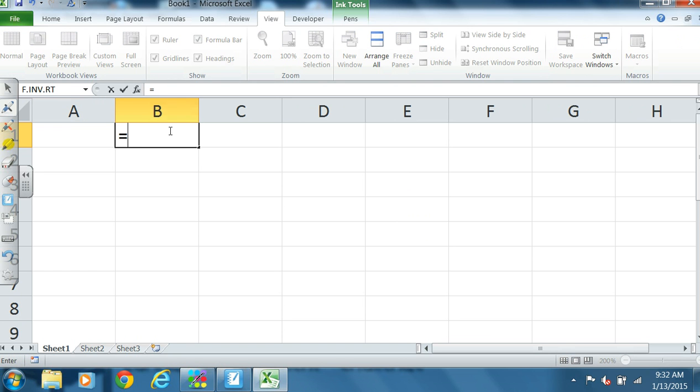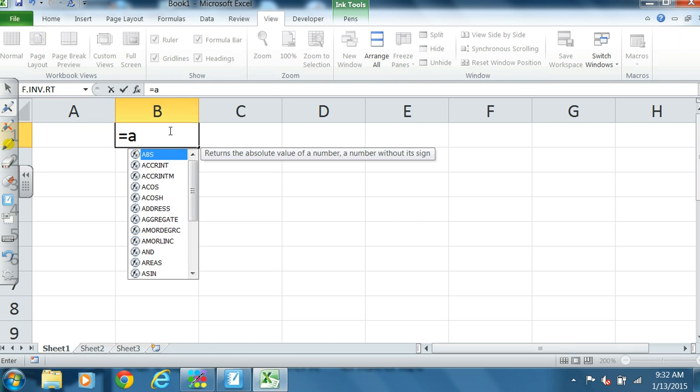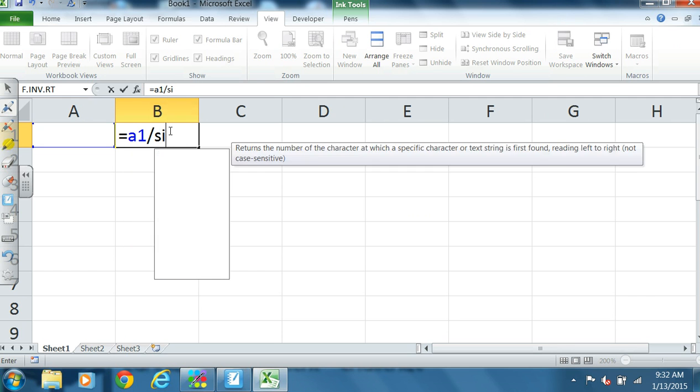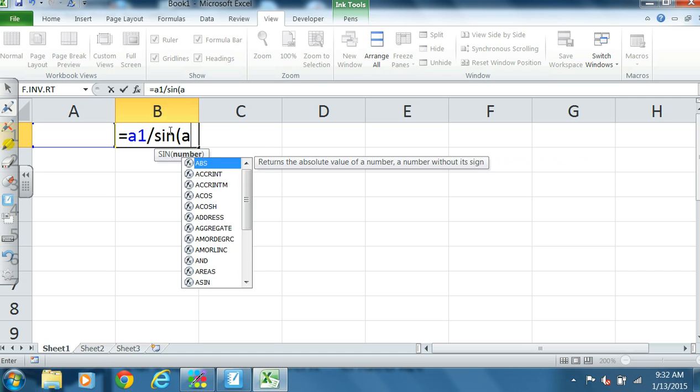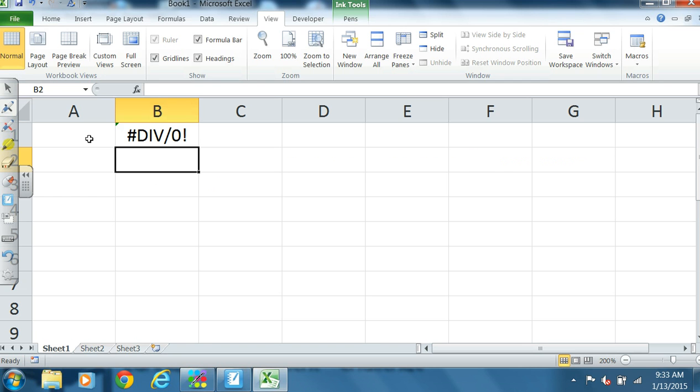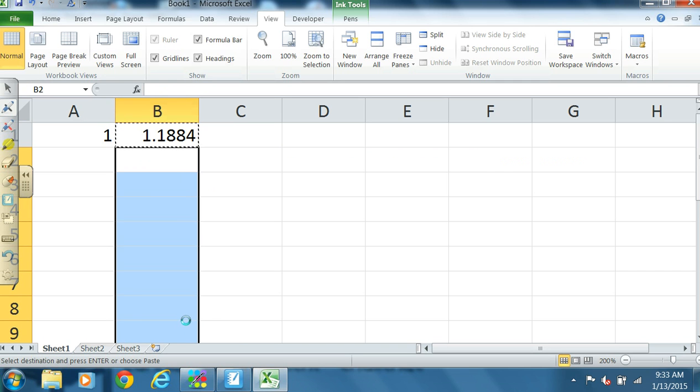So we're going to go A1 divided by the sine of A1. All right, can't do it, you're dividing by 0. Okay, so we'll put a 1 there. All right, that looks good.